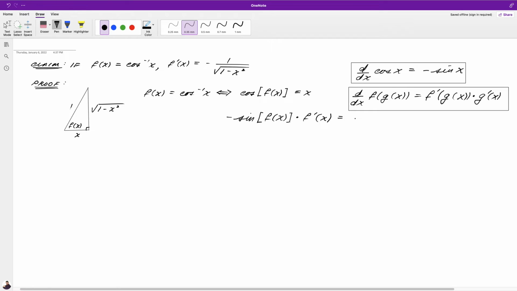Okay, the derivative of x with respect to x is 1. So we know therefore that f prime of x, dividing both sides by negative sine of f of x, is equal to 1 over negative sine of the quantity f of x.